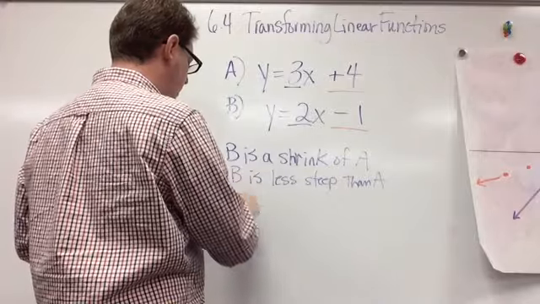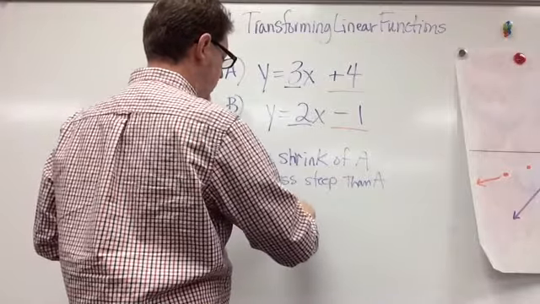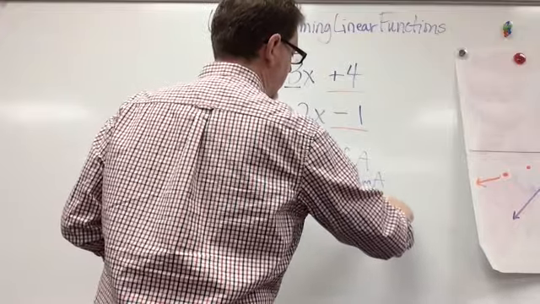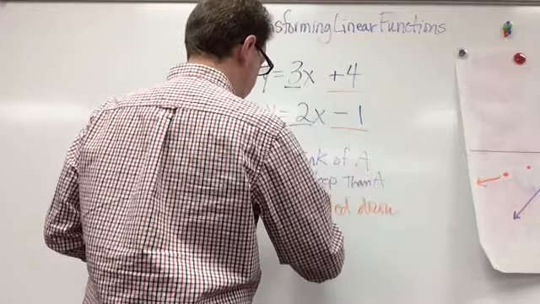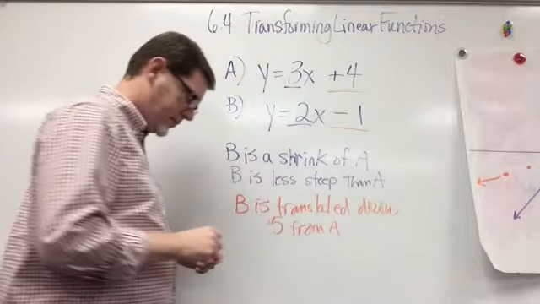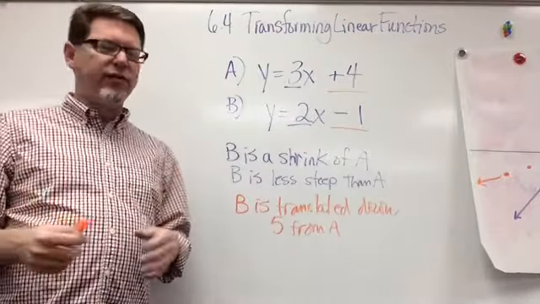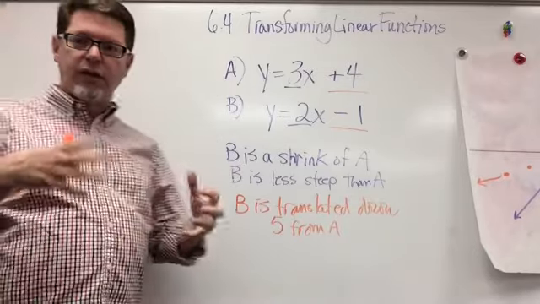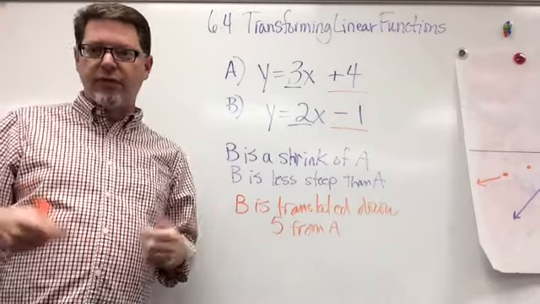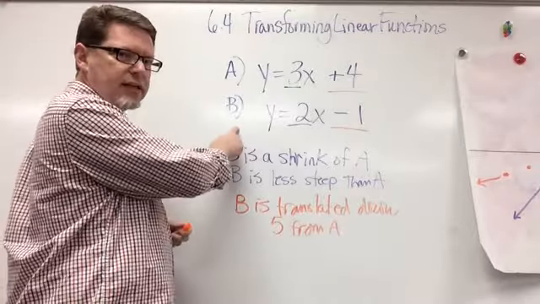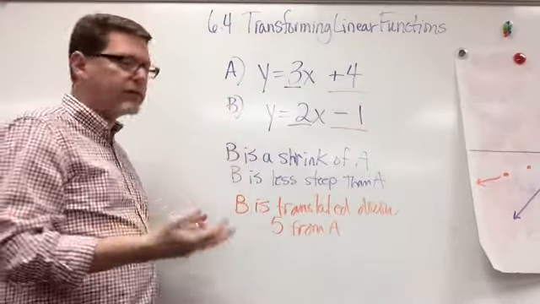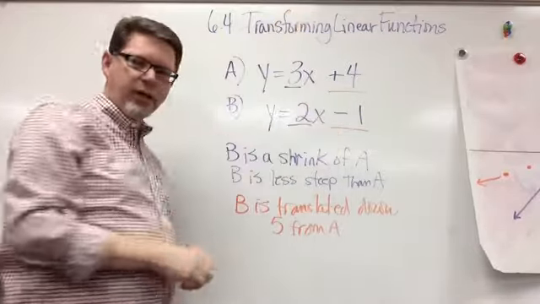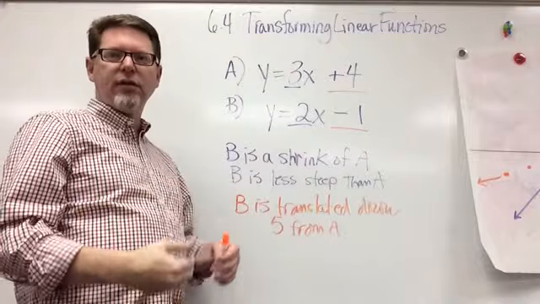So B is translated down 5 from A. So just looking at these two functions, y equals 3x plus 4 and y equals 2x minus 1, we can compare them and tell how they're going to look different on the graph. B is going to be less steep, or A is going to be steeper, and A is 5 higher than B, or B is 5 lower than function A.